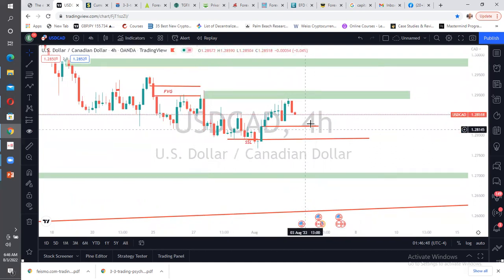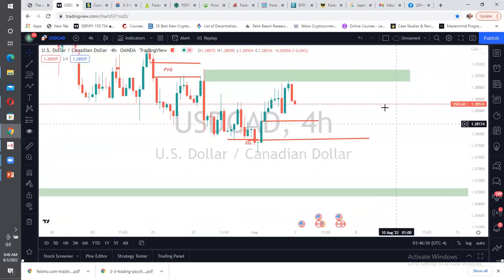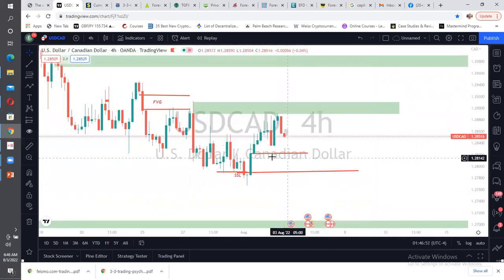It came to this block and now gave us this. So what are we expecting from here? Don't forget we'll have a fair value gap here. And the market has broken structure to the upside. The market is now pulling back down to the downside.